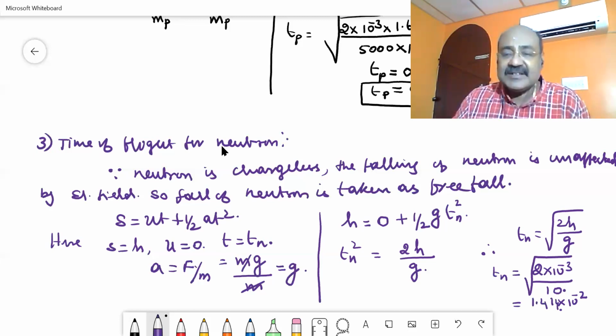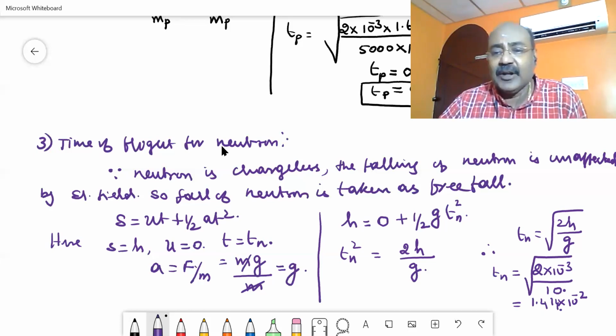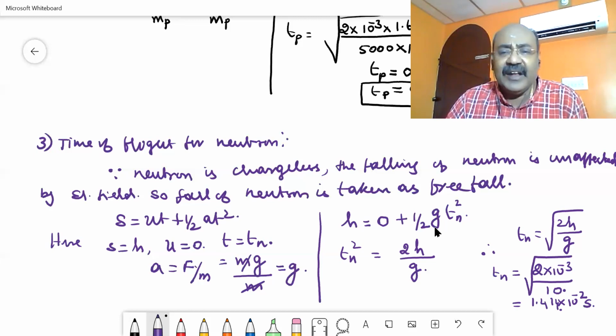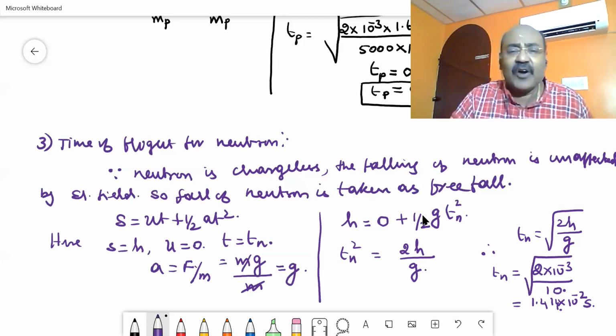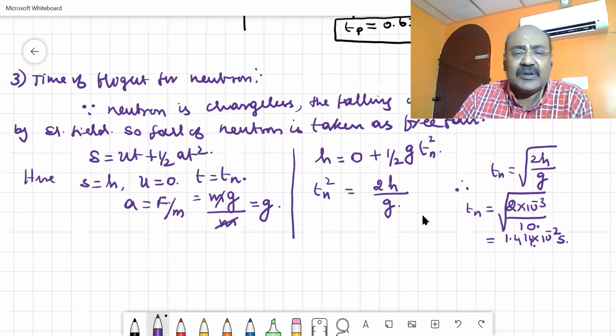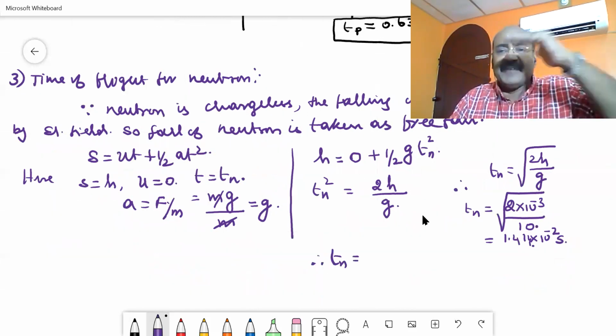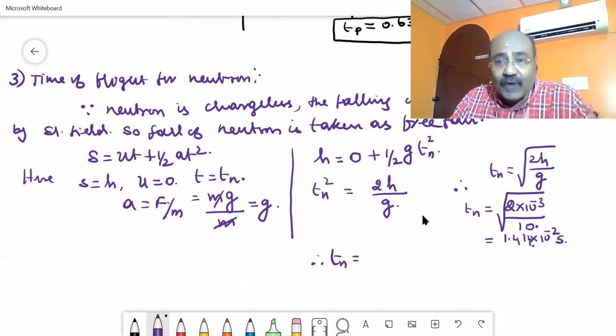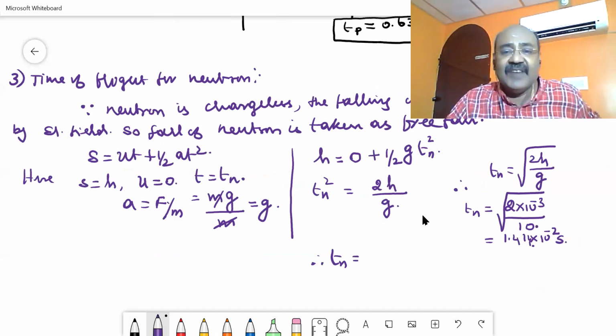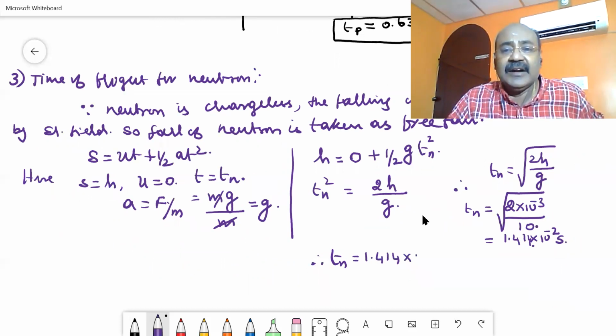So tn is 1.414 into 10 to the power of minus 2 seconds. So the time of flight for the neutron, or time taken for the neutron to fall from the upper plate to the lower plate, is given as 1.414 into 10 to the power of minus 2 seconds as the answer.